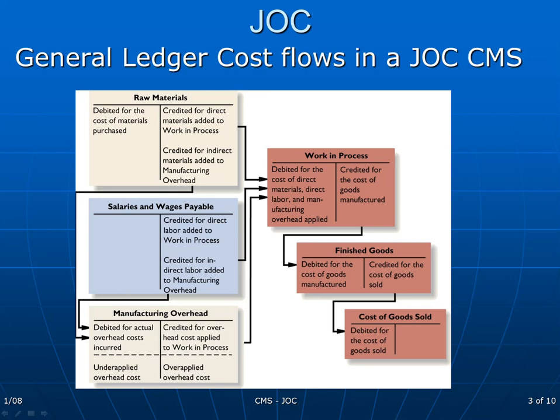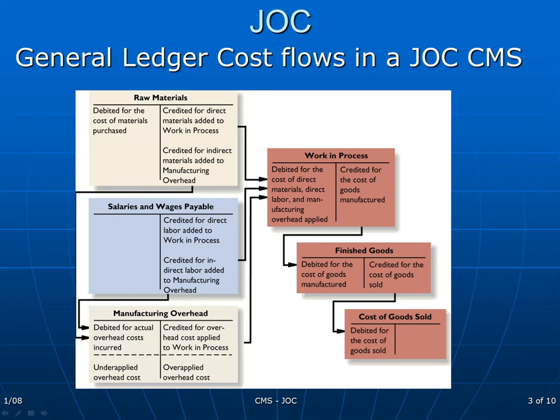However, if we use normal costing, it's highly likely that we may end up with some residual balance. If it's a debit balance, we call that underapplied or underallocated overhead costs. If it's a credit balance, overapplied or overallocated overhead costs. What do we do with these over or underallocated amounts? We should prorate them to work in process, finished goods, and cost of goods sold, but as a practical matter, we'll just close them all out into cost of goods sold.